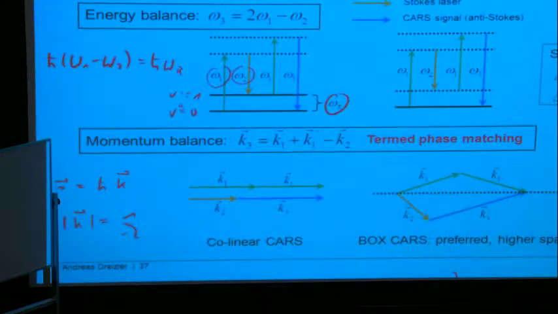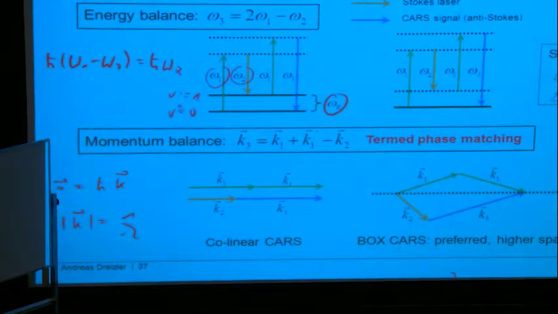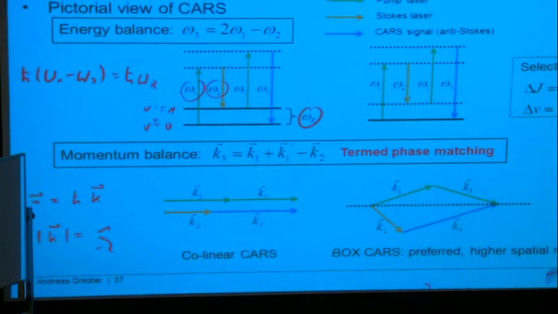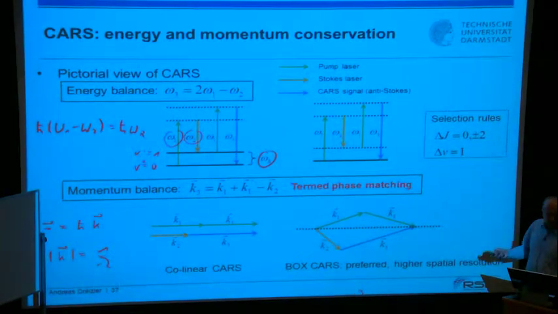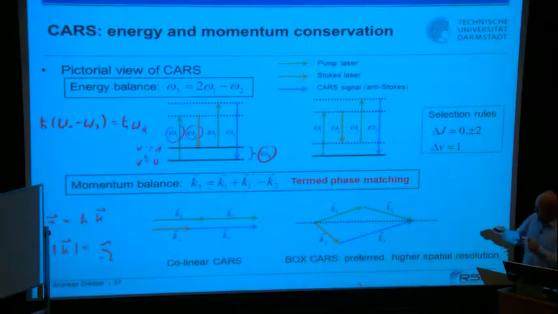And that brings me to that important point that you cannot use simply 3 lasers and shine them in arbitrarily. You have to shine them in at a certain angle to each other to fulfill this momentum balance.